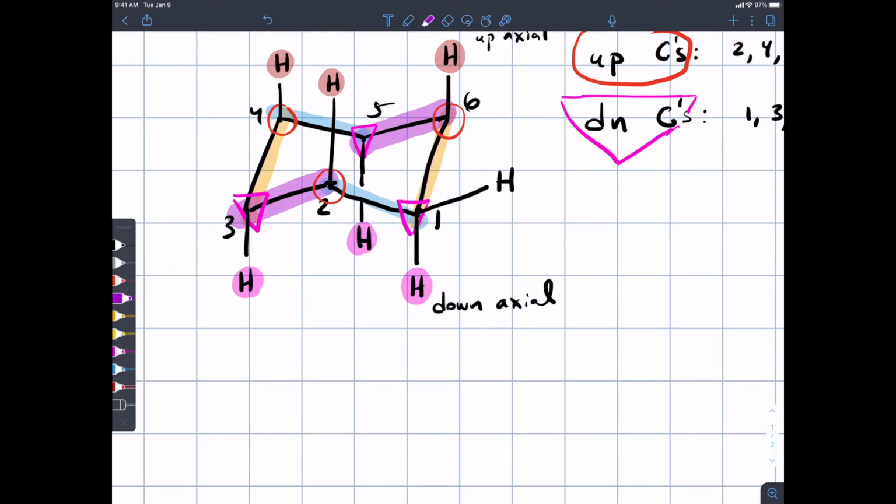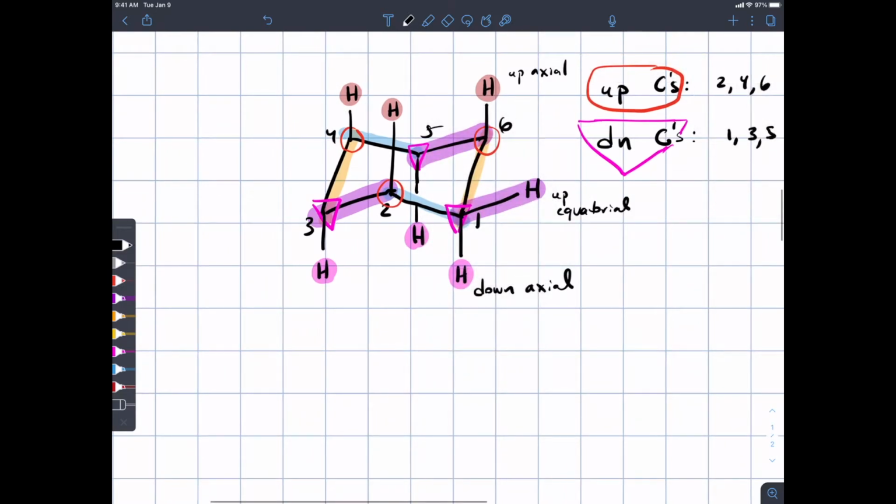Okay, so the bond of carbon 1 with its equatorial proton, I'm highlighting it in purple because it's parallel to the other purple bonds. And you can see it's splayed out along the equator, but it's angled upward. And so we will call that an up equatorial proton.